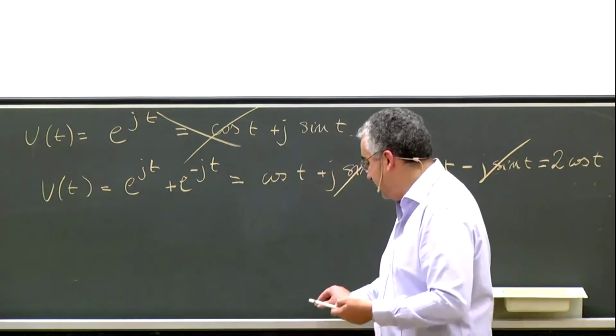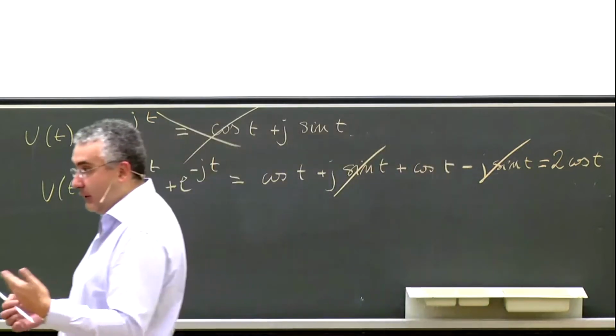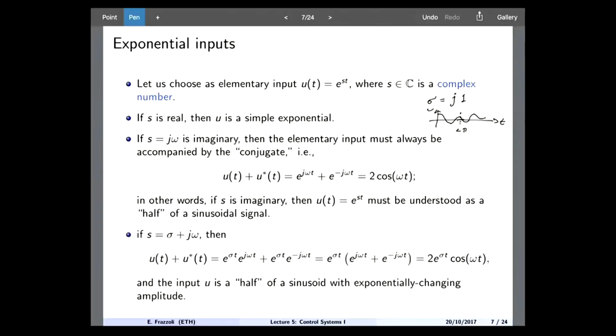I can write formulas with that input, but I cannot generate it physically. If I want to do an experiment with that particular input, I have to add the complex conjugate part, okay? Then everything becomes real again and everybody's happy, okay?